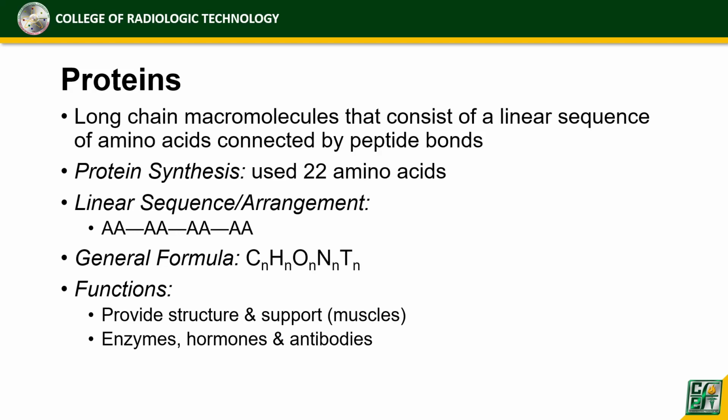Okay? So the function of proteins, okay, it provides structure and support. Okay, so basically it builds up the muscles of the human body. Okay. Also, it can be part of some enzymes, hormones, and antibodies.